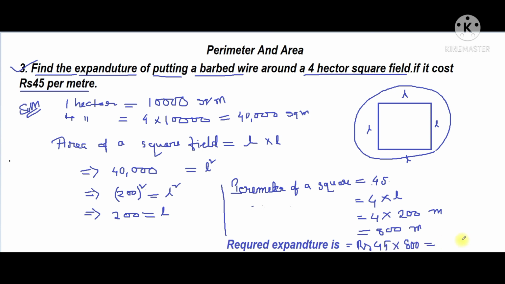Then we'll get the required expenditure. So it will be 36,000 rupees. 8 times 4 is 32 plus zeros gives the 36,000. So this is the expenditure.